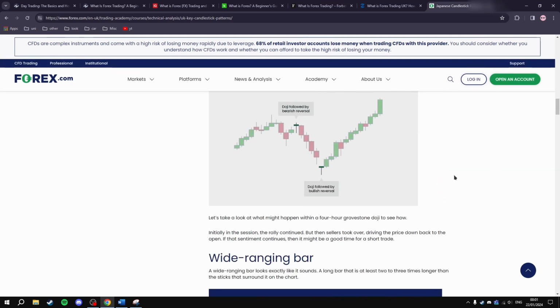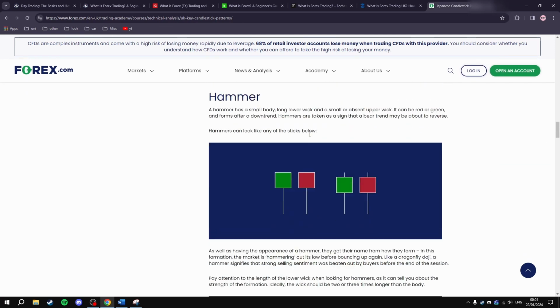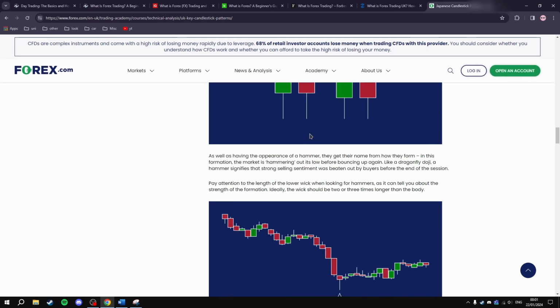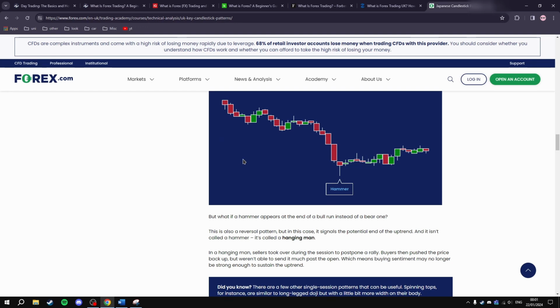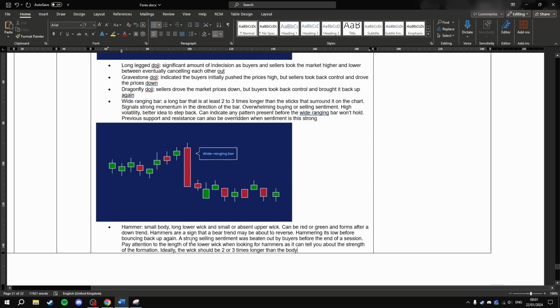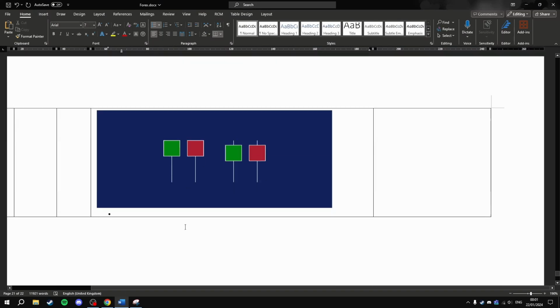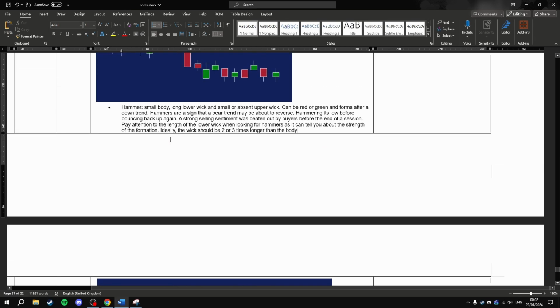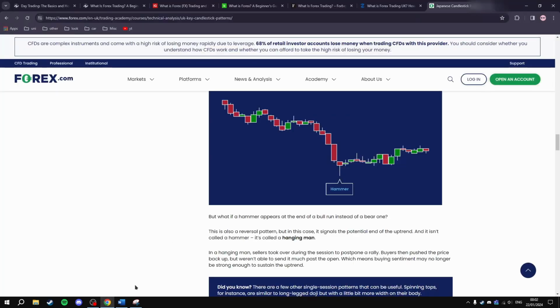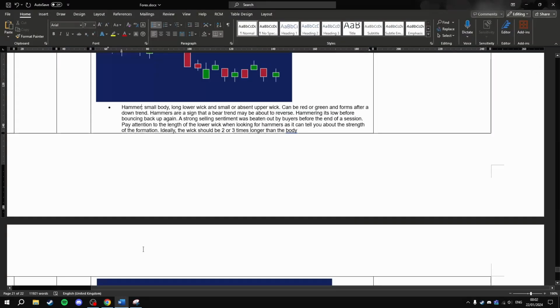Right, okay. Wide-ranging bars, hammer. Hanging man, so the reversal. It's not called a hanger, but called a hanging man. So if it's green, then that's a hanging man. Let's call it hammer slash hanging man. No, a hammer is only like that. A hanging man would look different, wouldn't it?